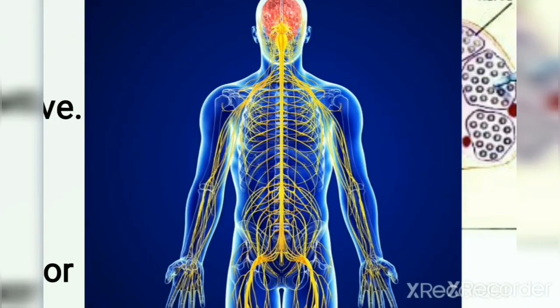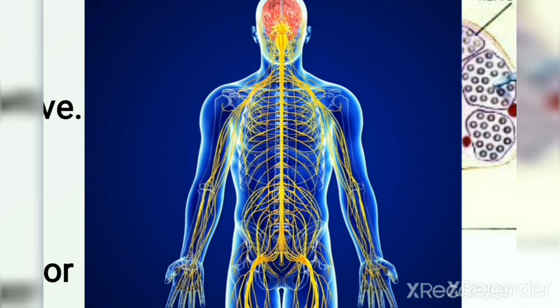Hence students, our nervous system consists of the brain, spinal cord and all these wires present in all the parts of our body, and these nerves carry the messages from all the body parts to the brain. Then the brain gives messages to all the body parts on how they have to work.